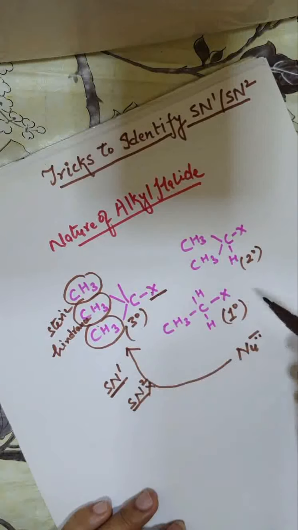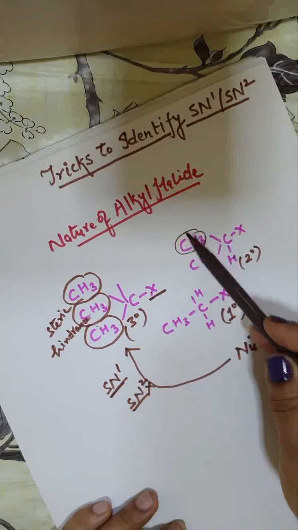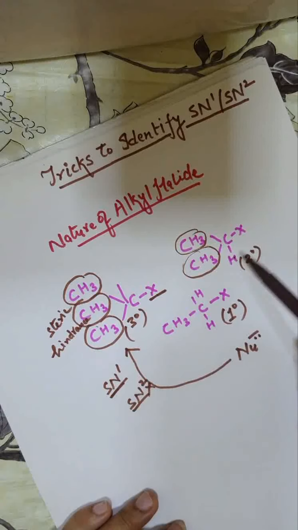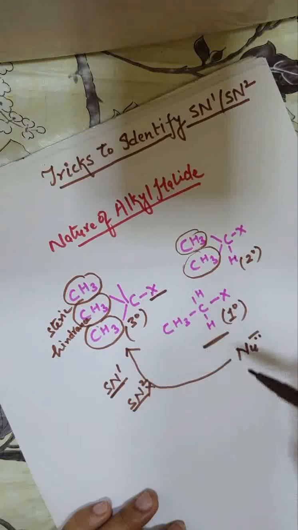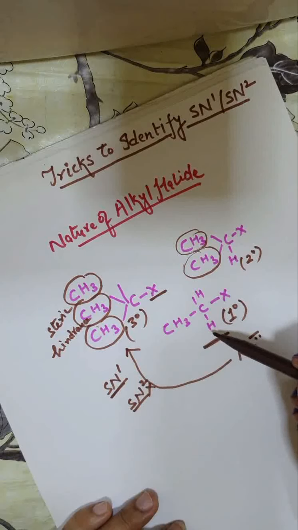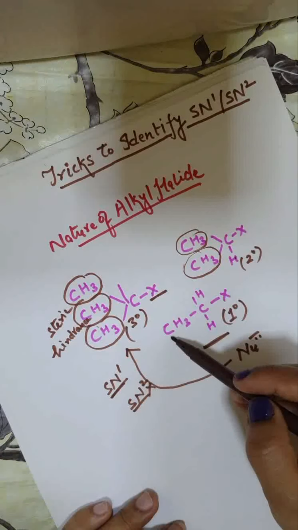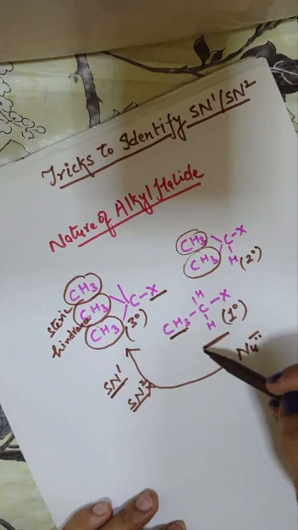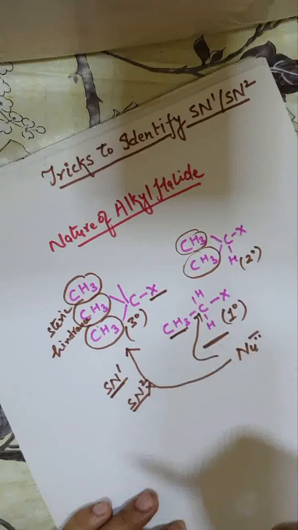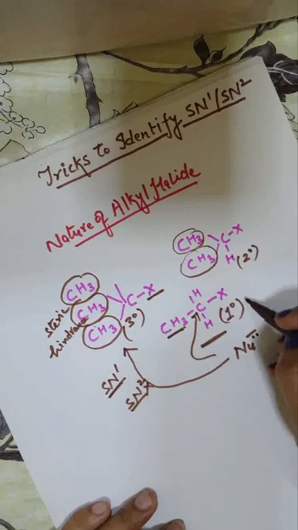Okay. Come to the second case. In the second case, depending on the alkyl halide and the other factors, both SN1 and SN2 reactions are possible. In the primary alkyl halide, there is lesser steric hindrance. So the nucleophile can easily attack from the back side. So the reaction is SN2.